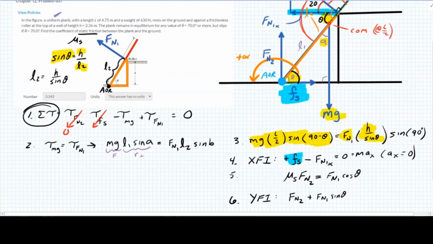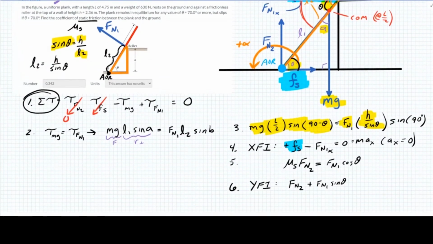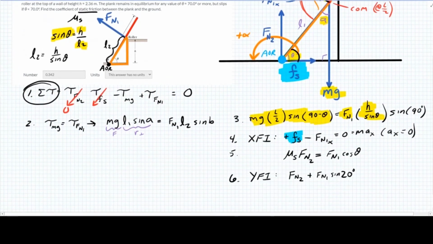I better be careful. I am calling these 20 degrees, so that actually would have been a mistake. It's Fn1 sine of 20 degrees. So let's put the actual number in there.